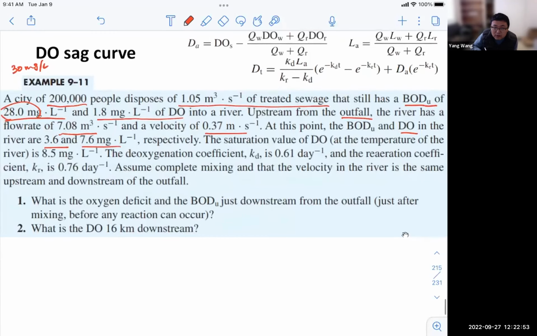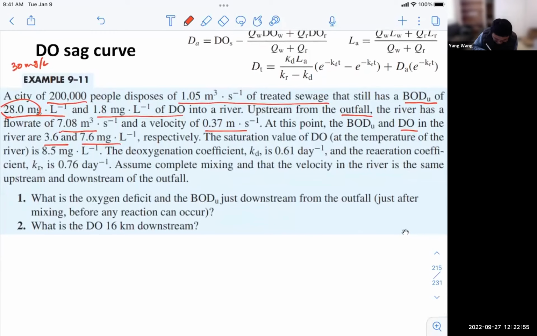What we can do is try to draw a schematic diagram to show this physical mixing process. So we have this waste, coming from the wastewater treatment plant. We have this clean water, or this river water.